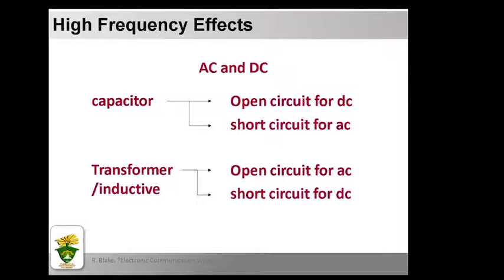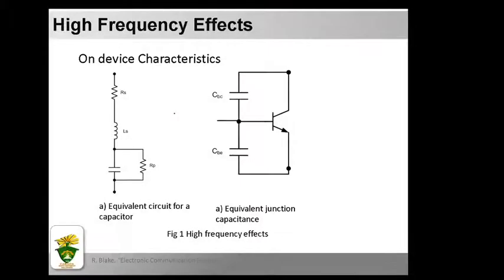So it is easy to say that the characteristics of these components change with respect to frequency. All electronic devices, whether active or passive, have capacitance and inductance that are not included intentionally, but are an inevitable result of the design and construction of the component.